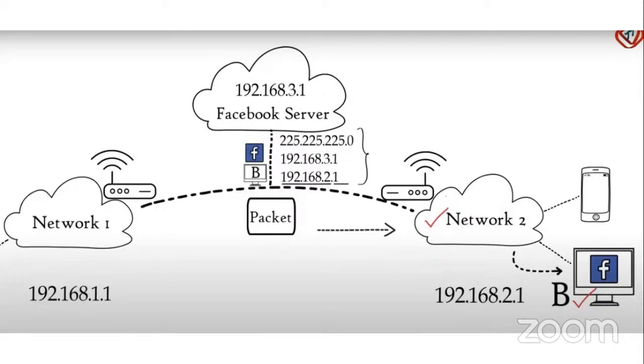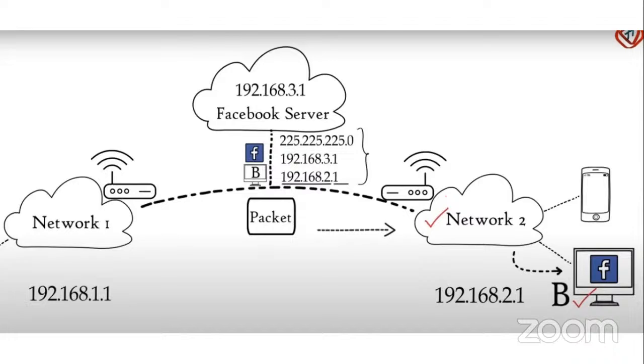The first role of the network layer is to determine the path. Next one is routing. Next one is path determination.